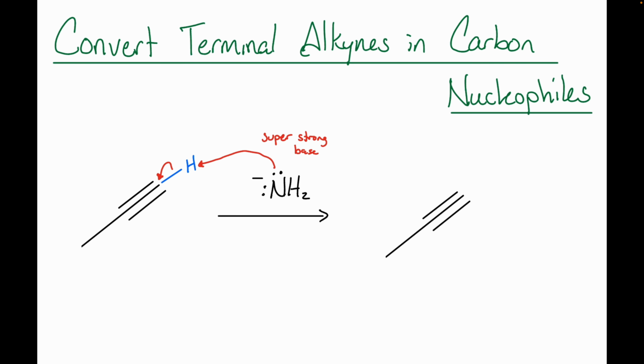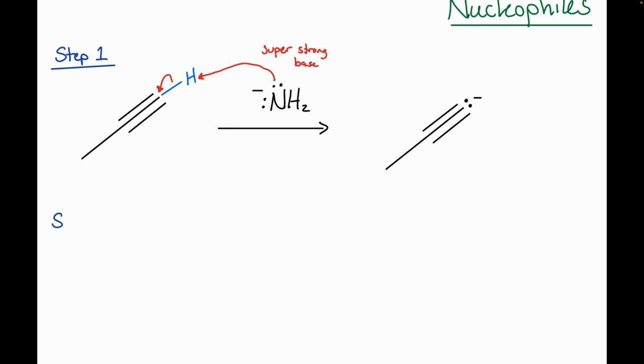Now we have a lone pair and a negative charge on that molecule. So then why is this so powerful? Because this is step 1 in our process. Step 2, we're going to take that carbon nucleophile and we're going to react it with an electrophile, like an alkyl halide.